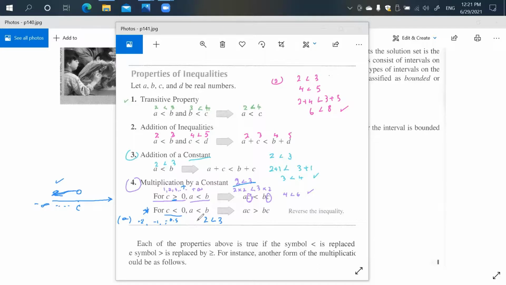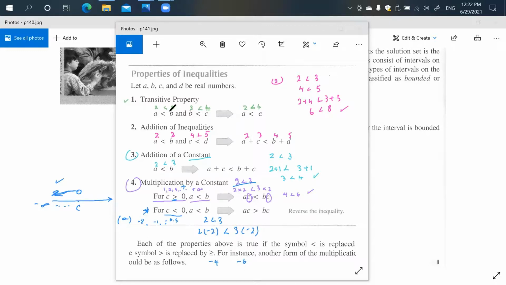So when you times both sides with the same negative number, for example 2 times negative 2 on both sides and 3 times negative 2 on both sides, what do we have now? 2 times negative 2 becomes negative 4, and 3 times negative 2 becomes negative 6. So now, is negative 4 less than negative 6 or not?